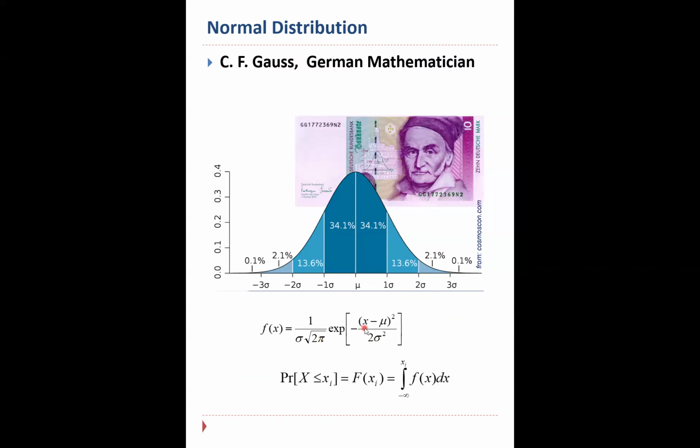measure the x value. Like every continuous distribution, we consider the cumulative probability that the value of x is less than or equal to xi. This is the cumulative distribution function, and it must be calculated by the integration of the probability density function from minus infinity to xi.